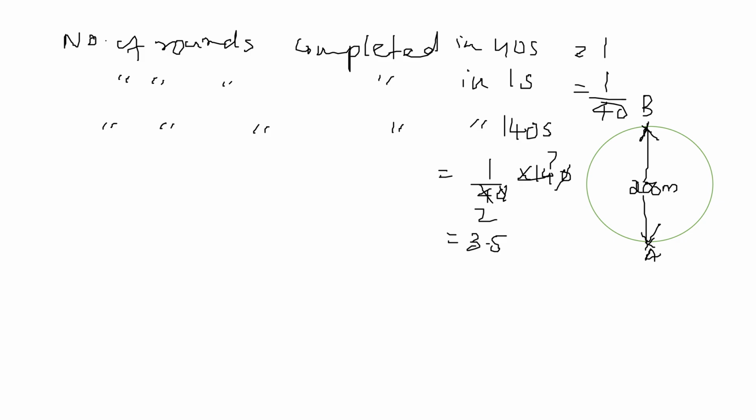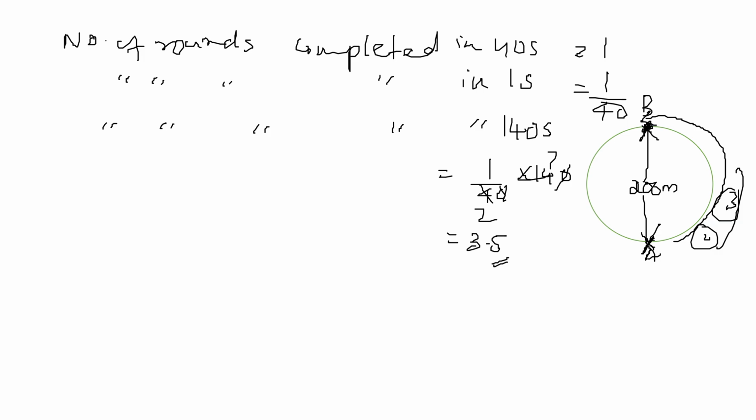So the athlete starts from A, so he covers 1 round means he comes back to A itself. Again the second time he goes, and again he comes back to A, and the third time also he goes and comes back to A, and then we have that half round left, and half round means he starts from A, and the final point will be at B, that means diagonally opposite.